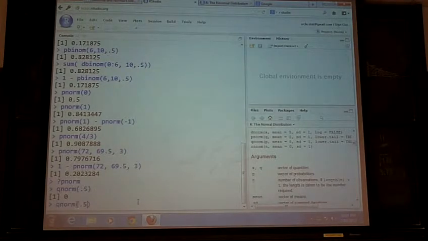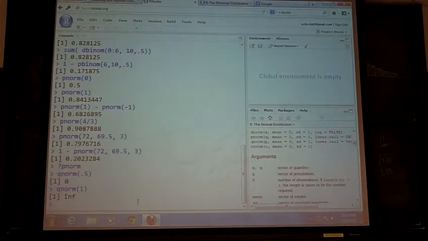Okay? So what is qnorm of 1? Is there anything? It's positive infinity, okay? Because that's the only way to get 100% of everything under the curve.